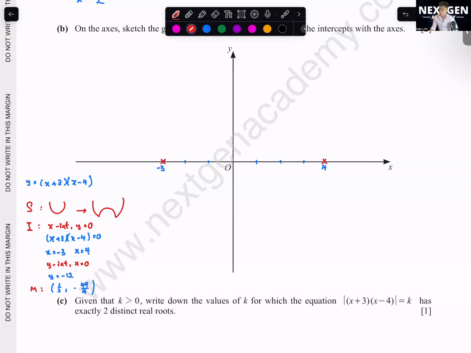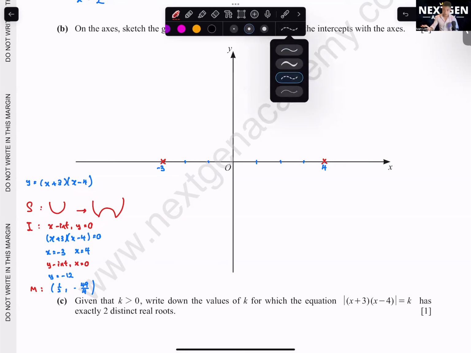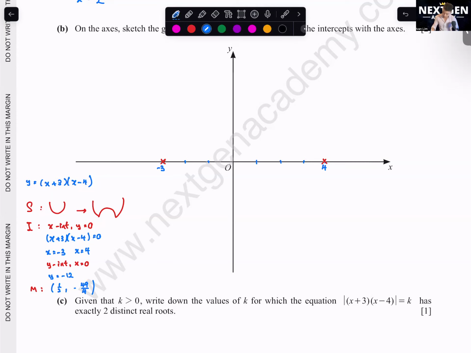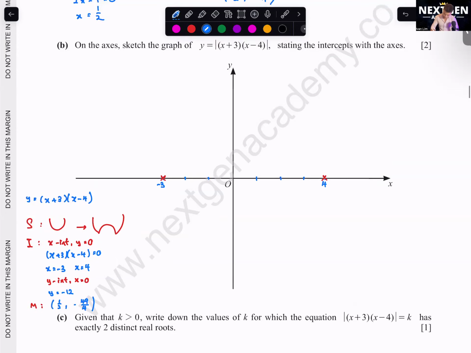Then we do another two, which are your negative 12 and the turning point. You do this rough sketch somewhere at the side first, or you can draw lightly. But normally I would say just draw it somewhere at the side. I'm just showing you all the process here. So we'll do it like this first.